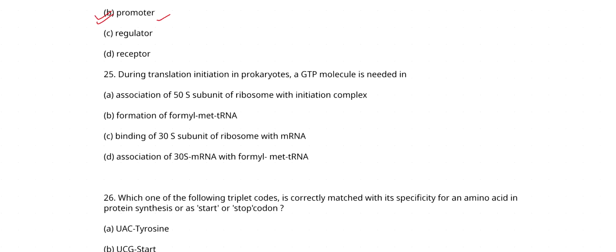So answer will be D, that is association of 30S mRNA with formyl-methionine tRNA. Its explanation is that for the formation of the initiation complex during translation of mRNA, GTP is also required. The initiator is AUG, which codes for formyl methionine in prokaryotes.